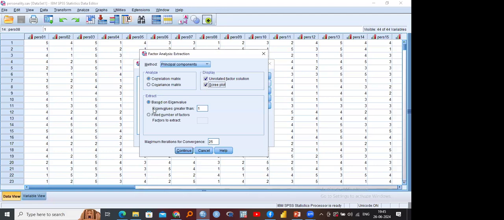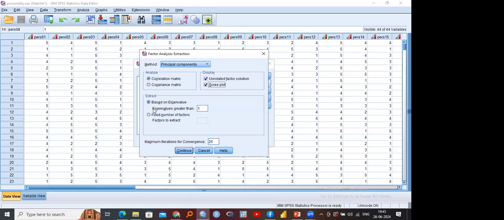Now here there is one more way by which we can decide on the optimum number of factors. That is based on eigenvalue. What exactly that is, I will explain after we go ahead with the output. So as of now, just make sure that the default setting stays, that eigenvalues should be greater than 1.